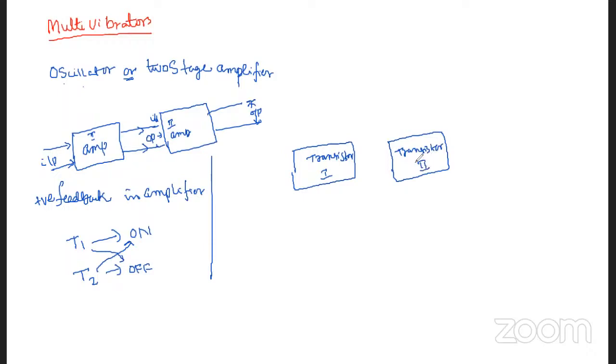As I told, one of the outputs will be given as input for the other. Transistor 1 is taken as Q1 and transistor 2 as Q2. This output will be connected to the input of this one, and the final output you can expect here.